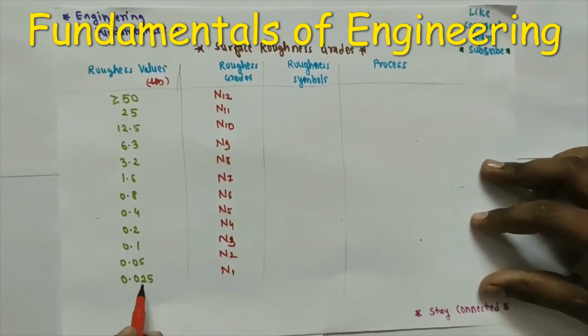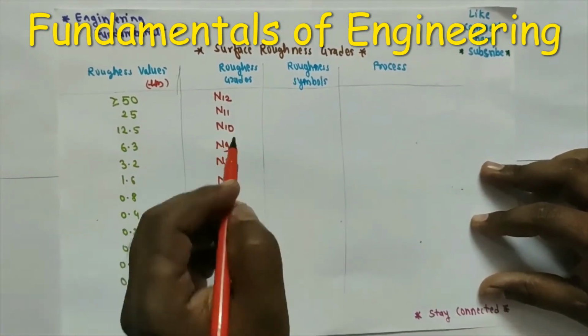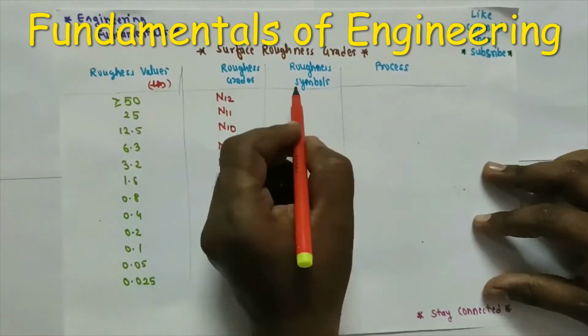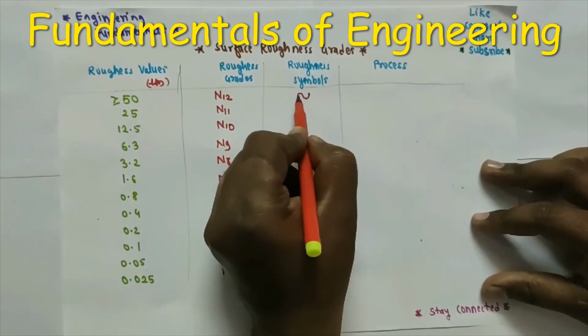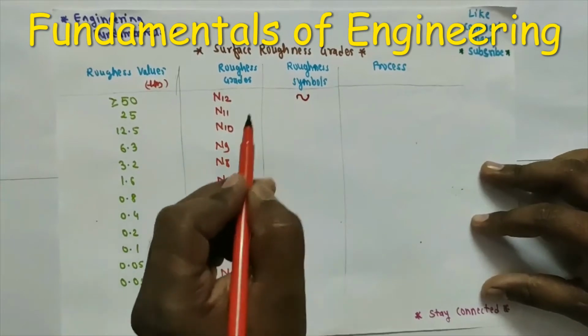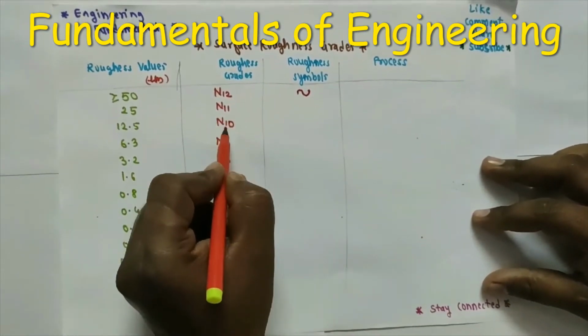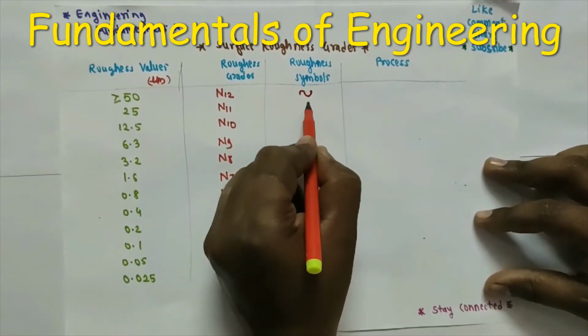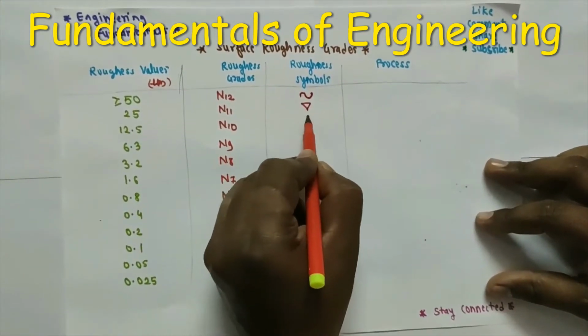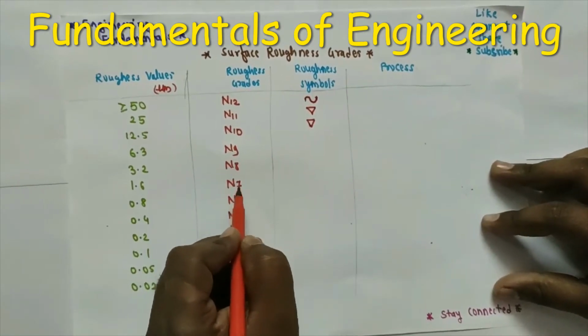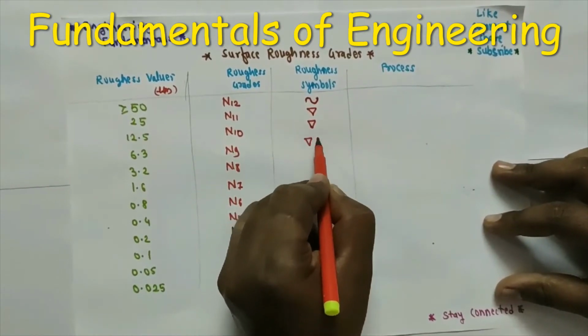So each grade has a symbol. Where the roughness value is more, this is denoted by this symbol, that is a sine wave. Then N11 and N10, that is rough, are noted down in a single triangle. N9, N8 and N7 are noted by using two triangles.